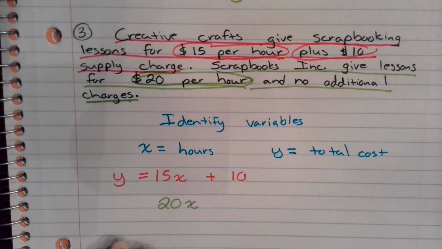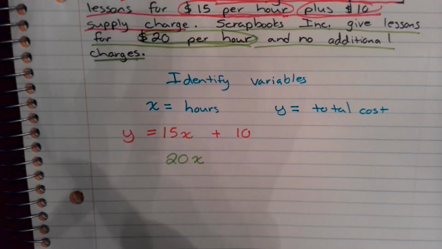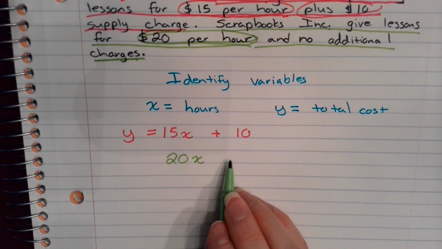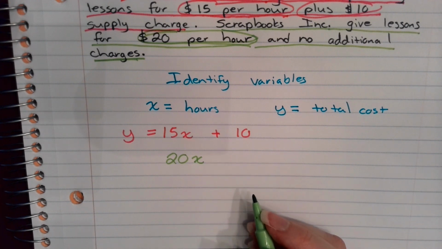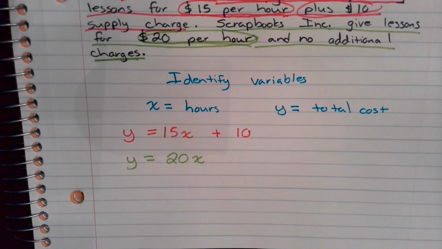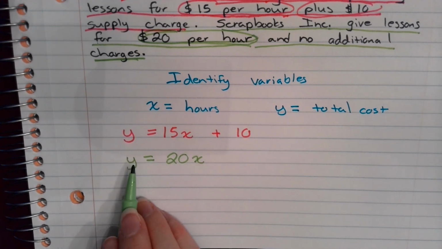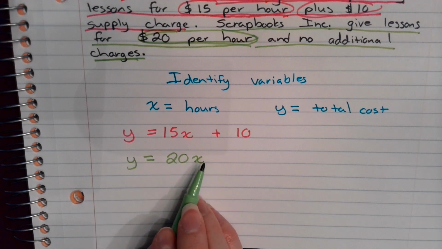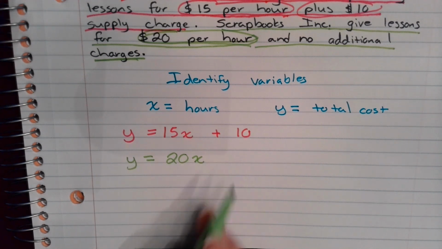That means my y-intercept is going to be 0, right? I could put plus 0 if I wanted to, but there's no reason to. And that would give me my total charge, my total cost. So my total cost for Scrapbooks Incorporated is going to be $20 per hour, no other additional fees. Okay, and then there's my system.